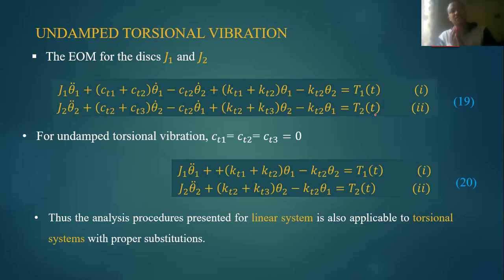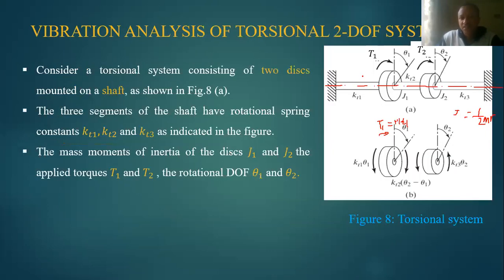Now let's consider undamped torsional vibration. Undamped torsional vibration means all the CT parts, the torsional damping part, will be 0. And if we consider free vibration, then the torques will be 0. For a free undamped torsional system, the torque will be 0. But let's see simply undamped, because here there is no damping representation.